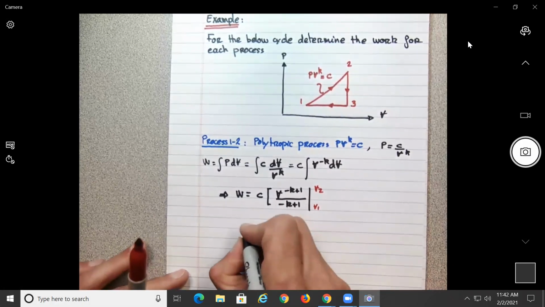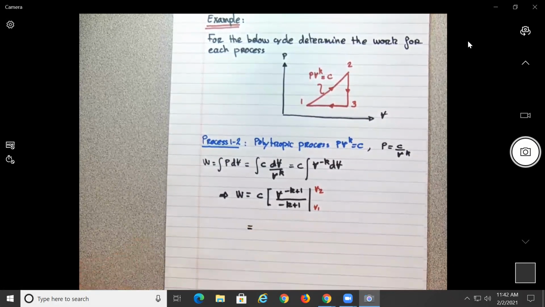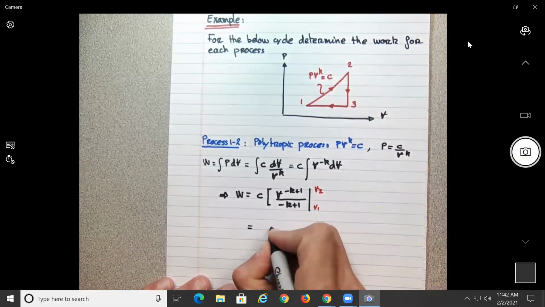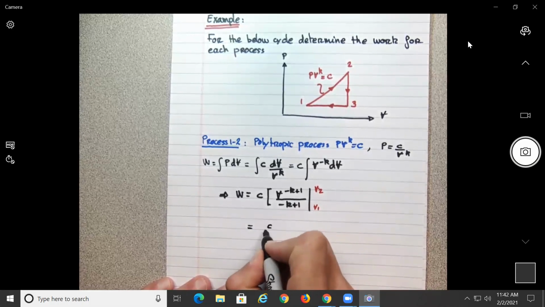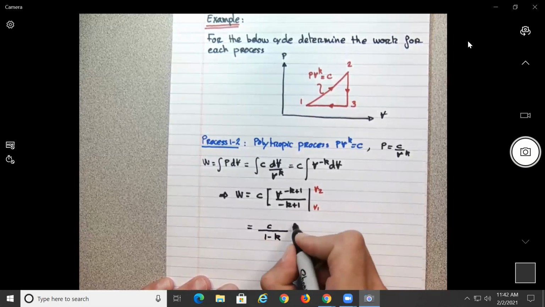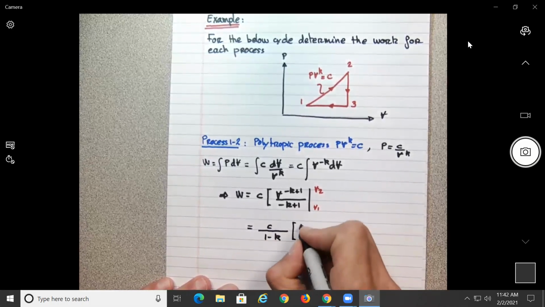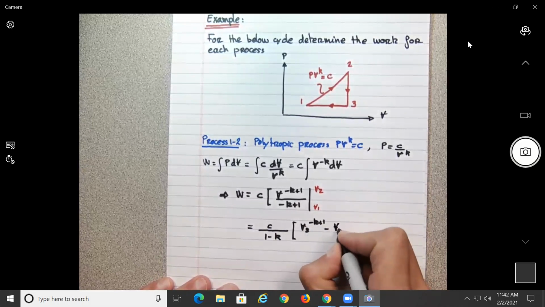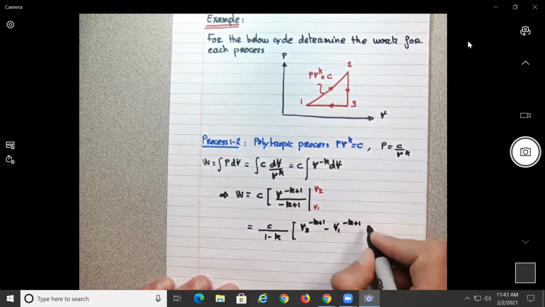So I'm going to skip one or two steps. I mean, I'm not going to skip anything, but I'm not going to do very detailed either. So this should be equal to what? C over 1 minus K, V2 to the minus K plus 1 minus V1 to the minus K plus 1.